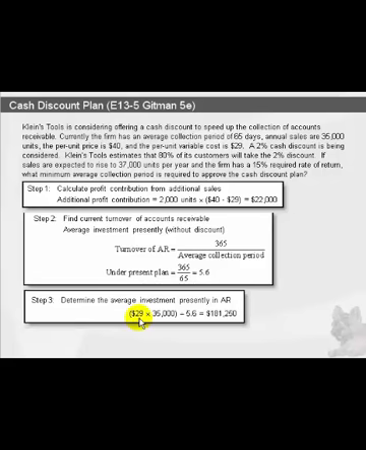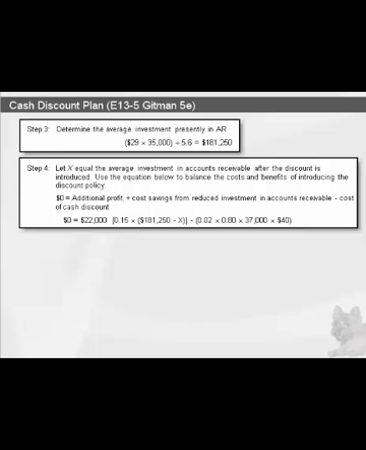The current level of sales given here in the problem is 35,000, and if we divide that by the accounts receivable turnover that we just calculated, which was 5.6, we calculated it right here in step 2, we're able to determine that the average investment currently in accounts receivable is $181,250.